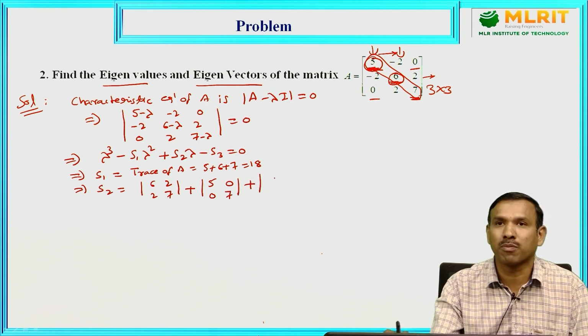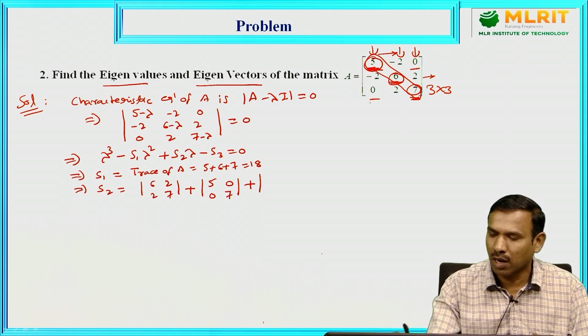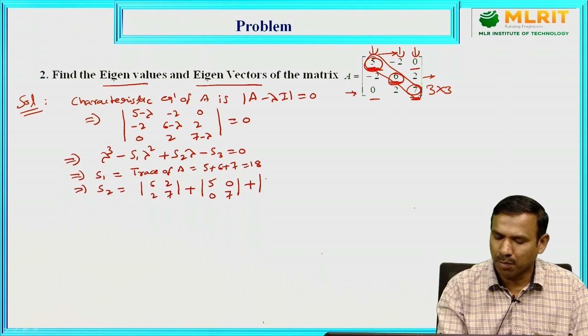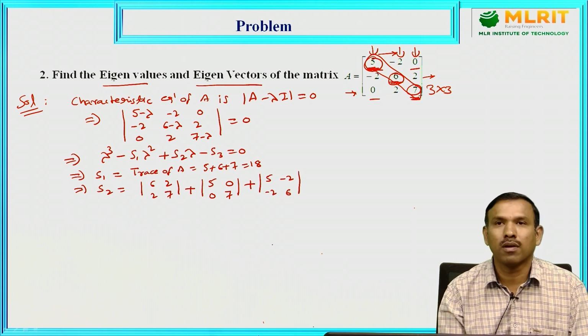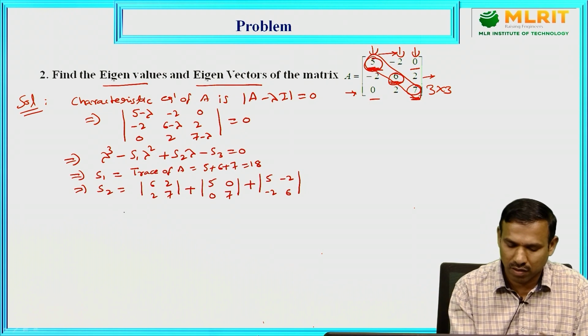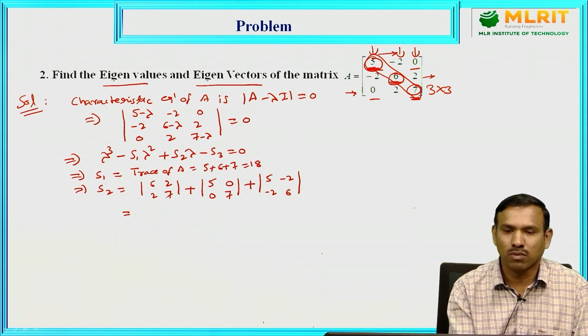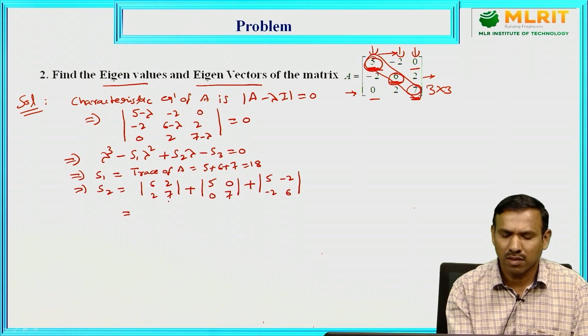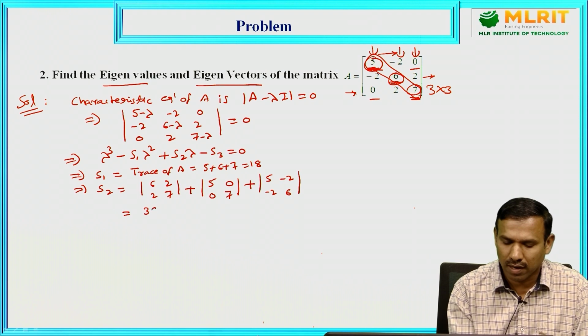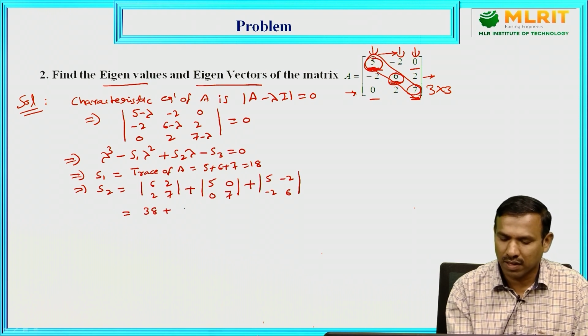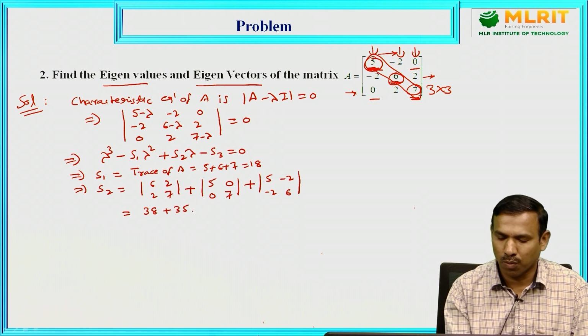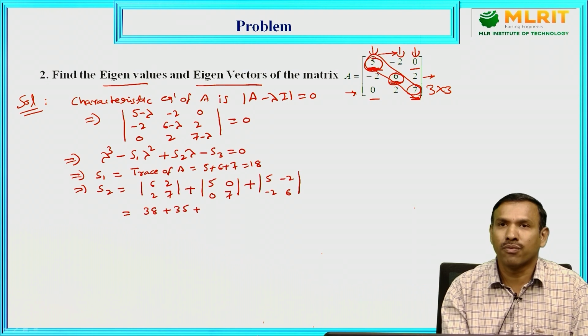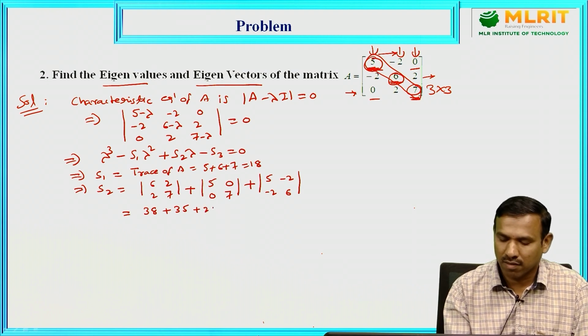For the third diagonal element 7, leaving its row and column, the remaining determinant is 5, minus 2, minus 2, 6. A 2 by 2 determinant is AD minus BC. So 6 into 7 is 42, 42 minus 4 is 38; plus 5 into 7 is 35, minus 0; plus 5 into 6 is 30, 30 minus 4 is 26.